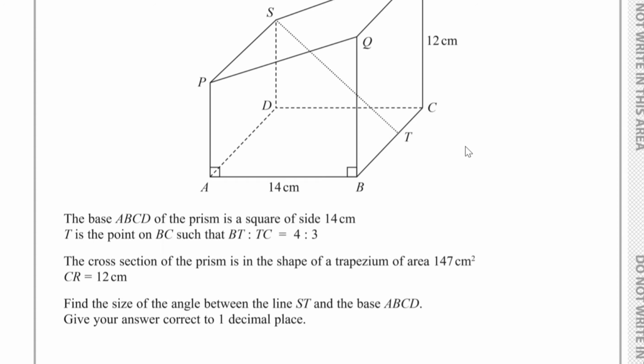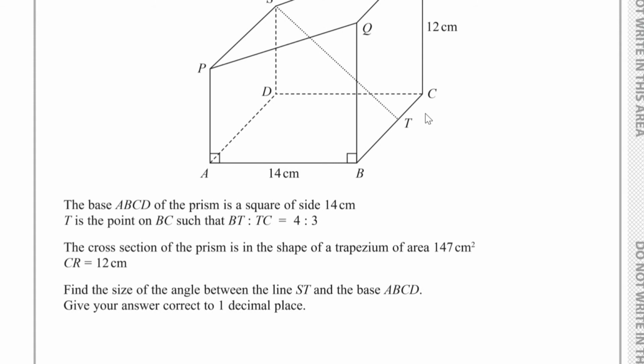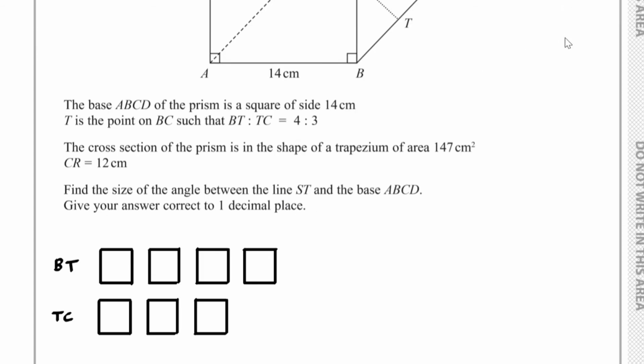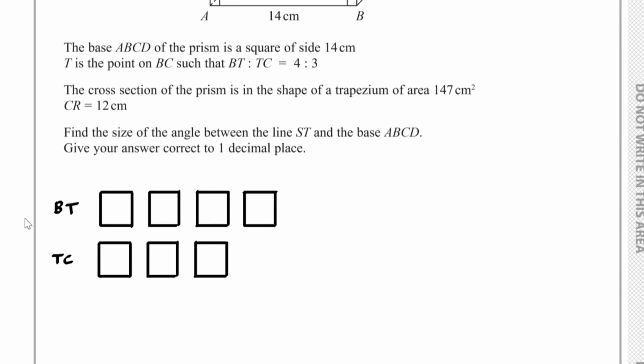Now, before anything else, what we can do is find out BT and TC. We can do this using this ratio 4 to 3. We've got this ratio BT to TC being 4 to 3, and in total we have 14 centimeters. 7 parts in total. 14 divided by 7 is 2.